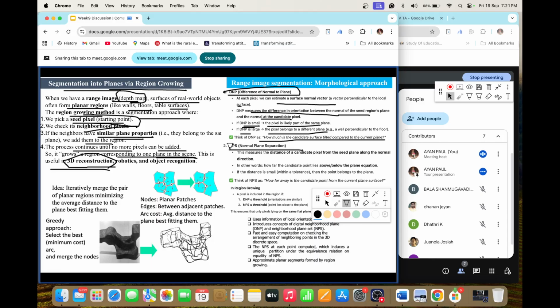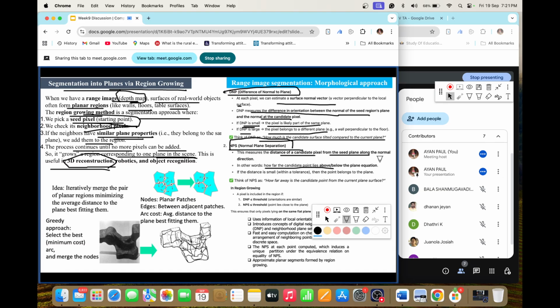Next we have the NPS terminology, or normal plane separation. This measures the distance of the candidate pixel from the seed plane along the normal direction. In other words, it is how far the candidate point lies above or below the plane of the seed point.